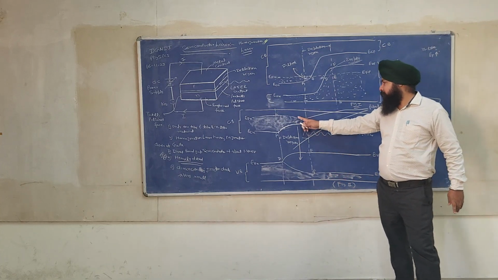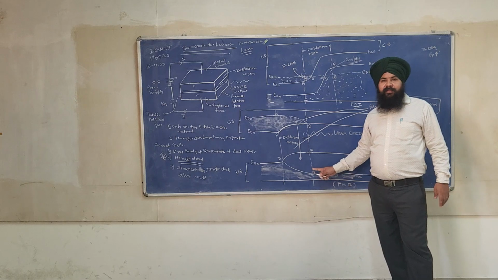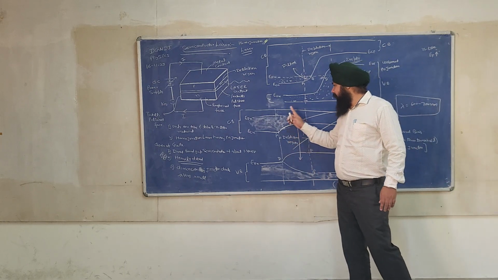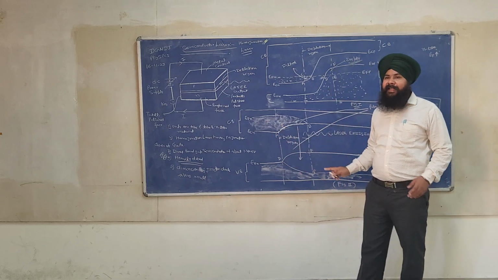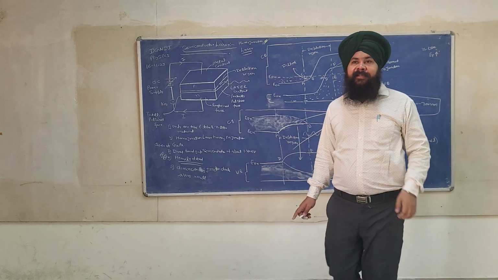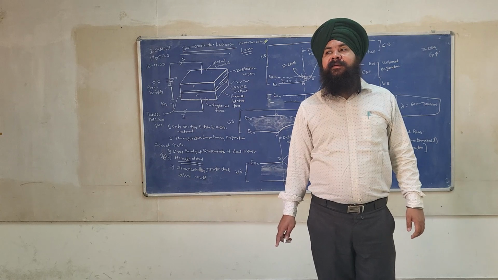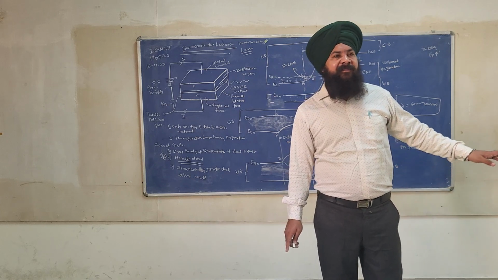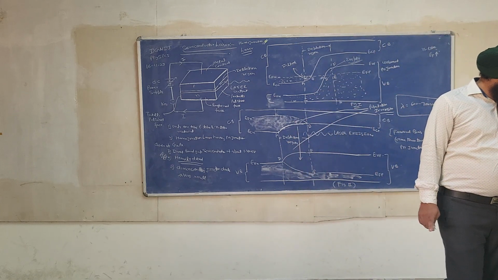Now you can see the population inversion is achieved. ABC is completely filled and DEF is completely empty. And all this happens when the current achieves a threshold level.